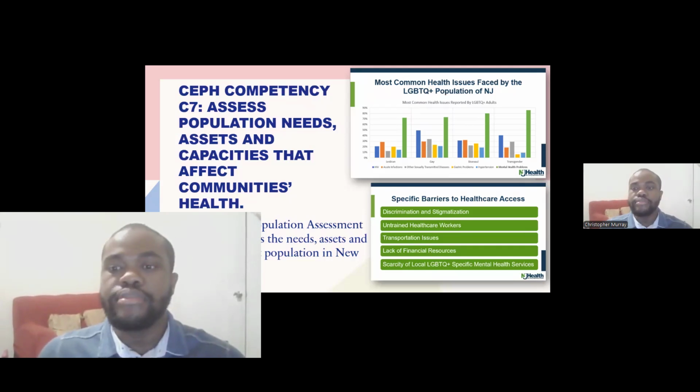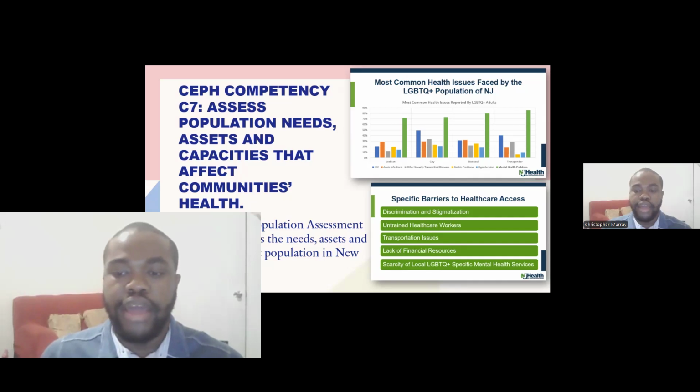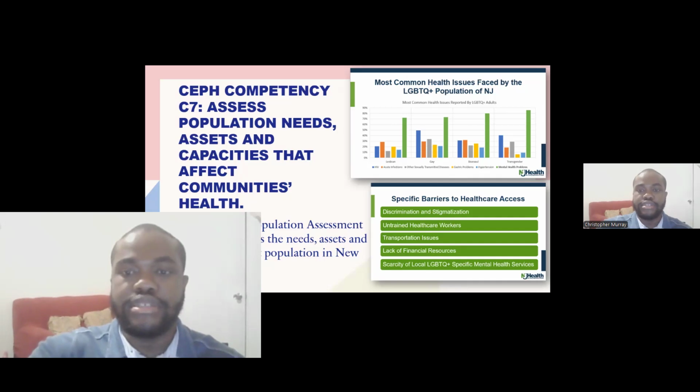To demonstrate SEEP competency C7, which is to assess population needs, assets, and capacities that affect communities' health, I did that through the LGBTQ plus population assessment. Throughout the report and the presentation, these concepts can be readily identified. The report also delves into some of the underlying causes of the population's needs.